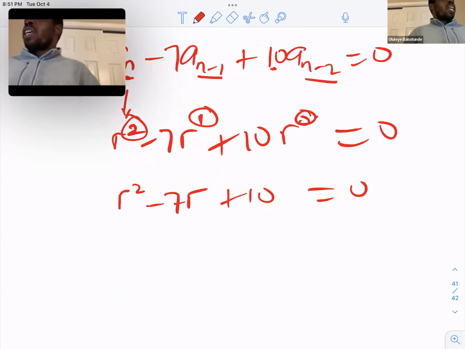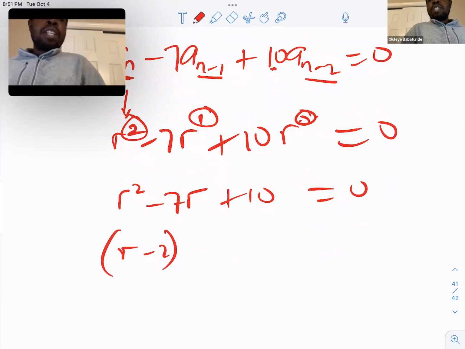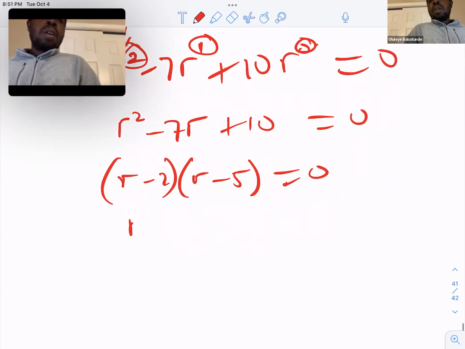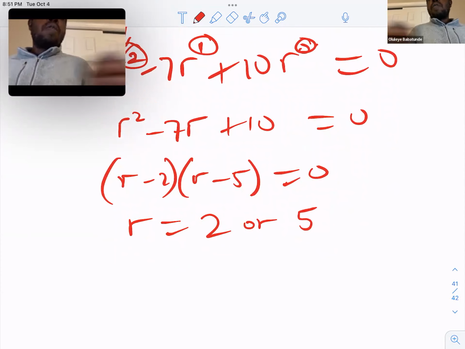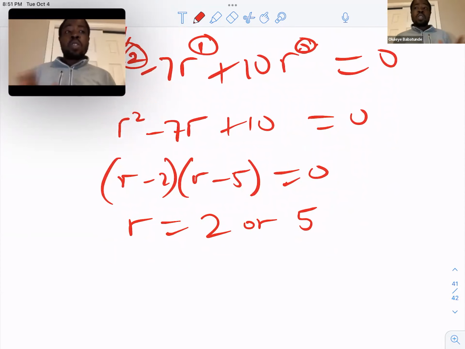When you solve this expression, you get (r - 2)(r - 5) equals 0. So r equals 2 or 5. Look at that. r equals 2 or 5.